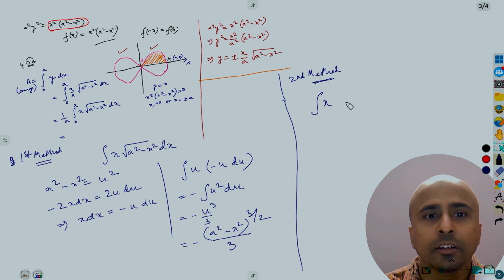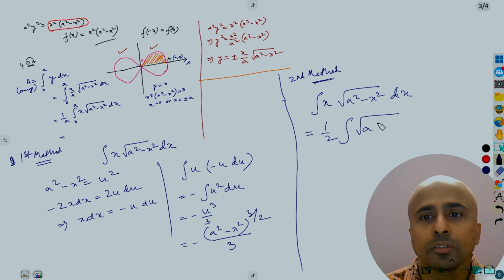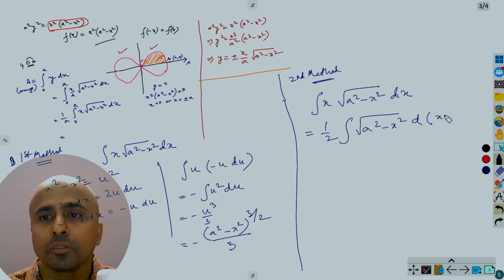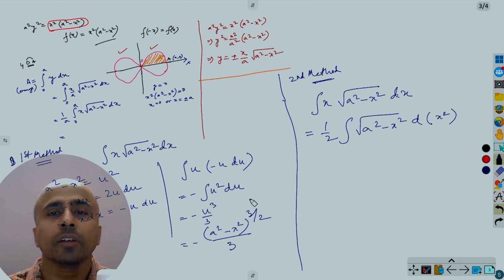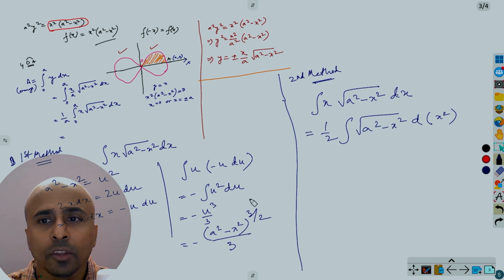So we have here x square root of a square minus x square dx. This we can write in this way.